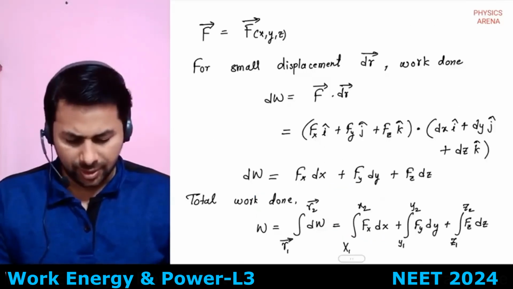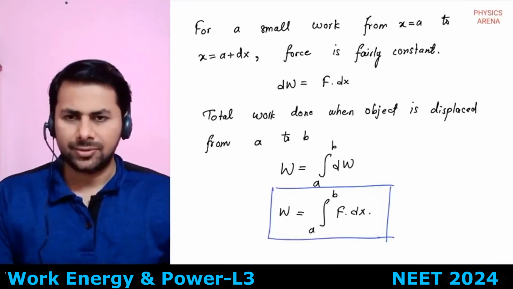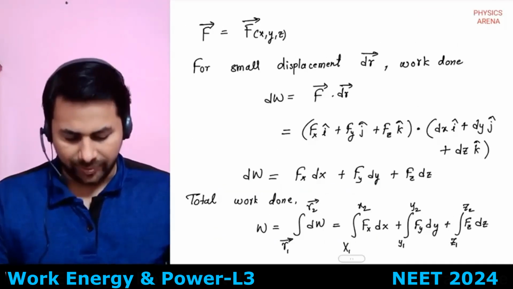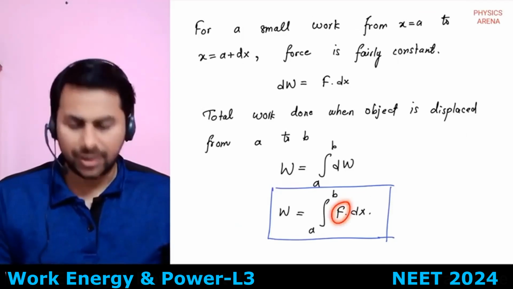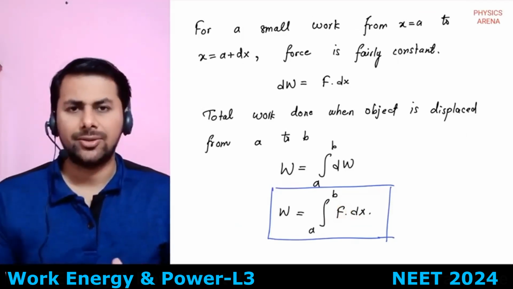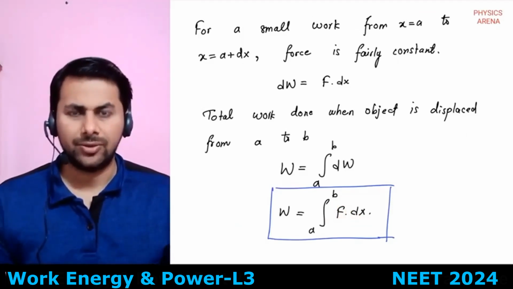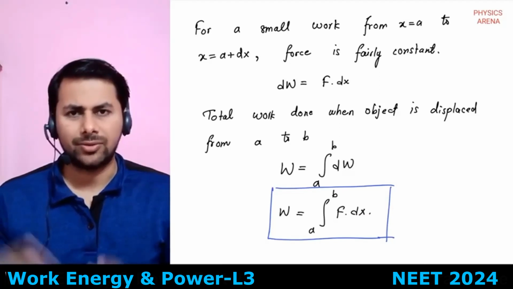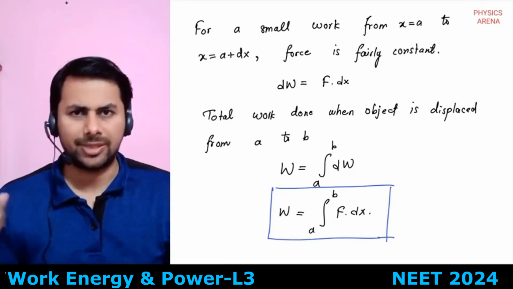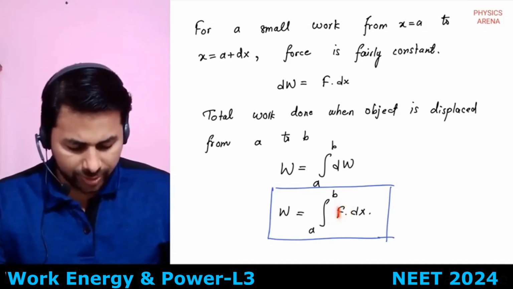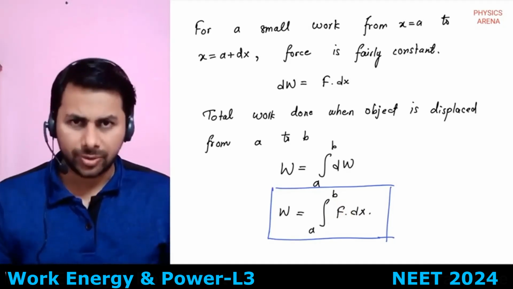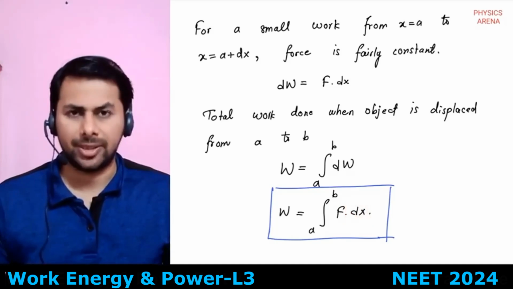Right? So is it clear? Yes, no? Then this force is a vector quantity and displacement is also a vector quantity. And we know work done is equal to the dot product of force and displacement. So here we can consider a three-dimensional force and three-dimensional displacement.